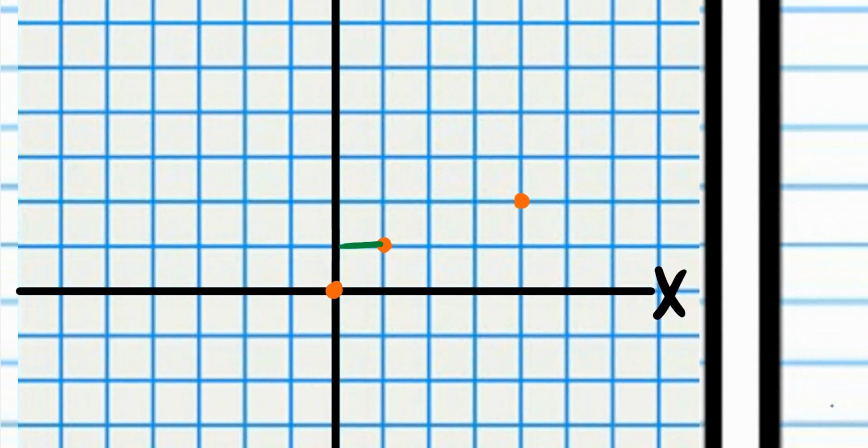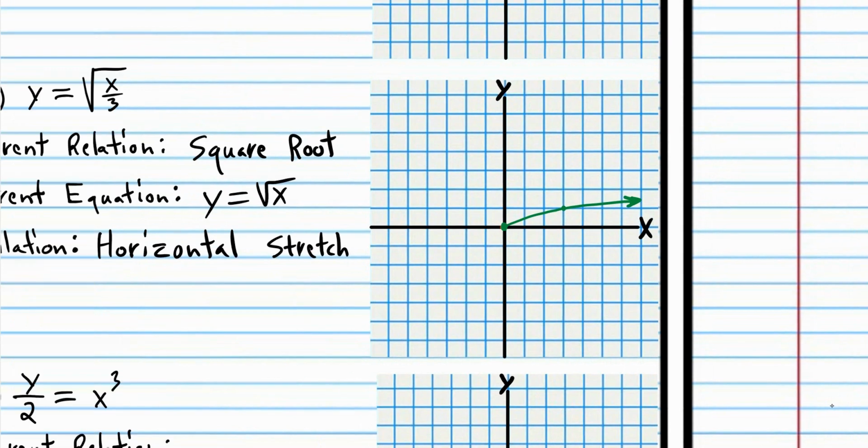So this x value is 1, multiply that by 3, and we get this x value. This x value is 4, multiply that by 3, and you go off the graph. It's somewhere out here. So we can connect the dots. 0, 0 doesn't change. And there you go. It's going to look something like that. You don't need to get any more accurate than that.